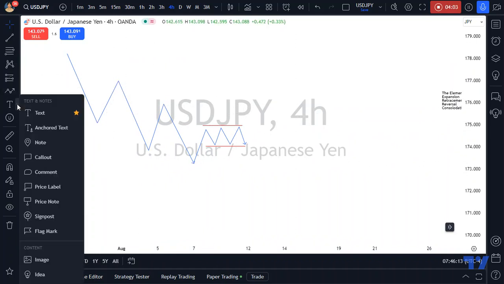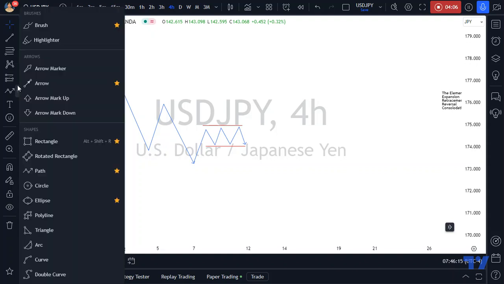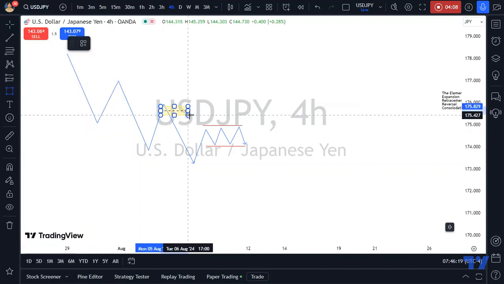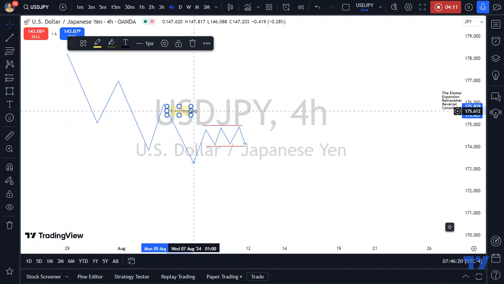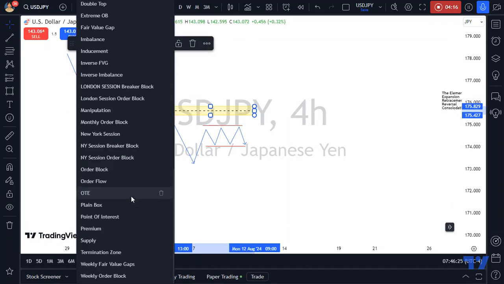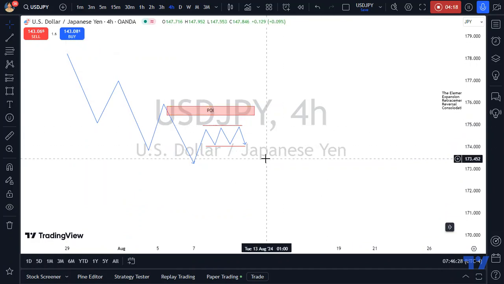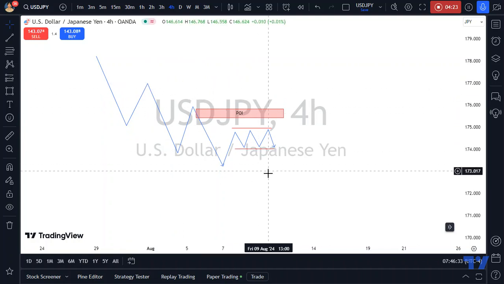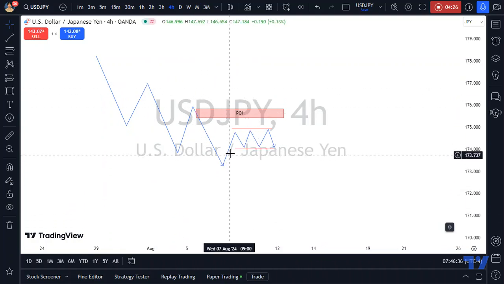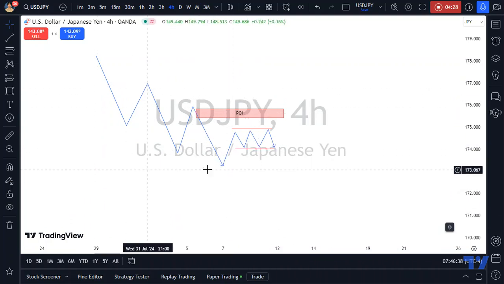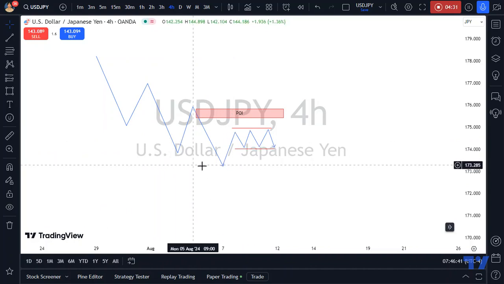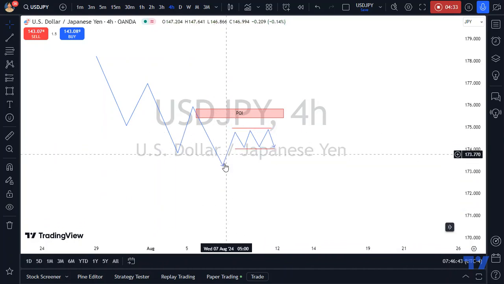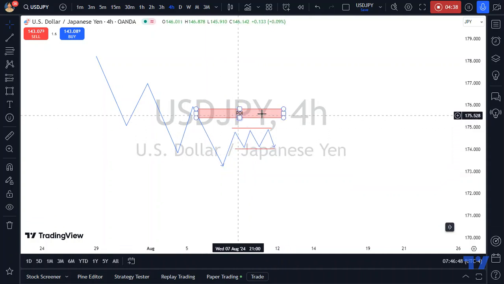So we will have another supply area somewhere up here that price will use to take price lower. Let's mark that as my higher time frame POI.